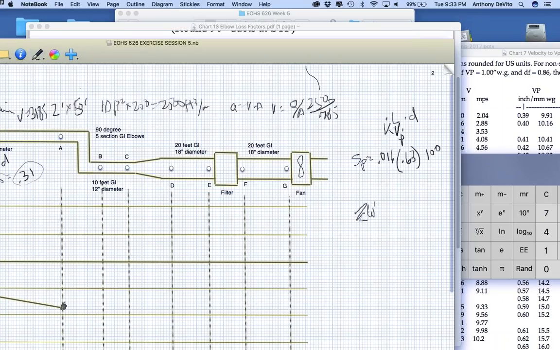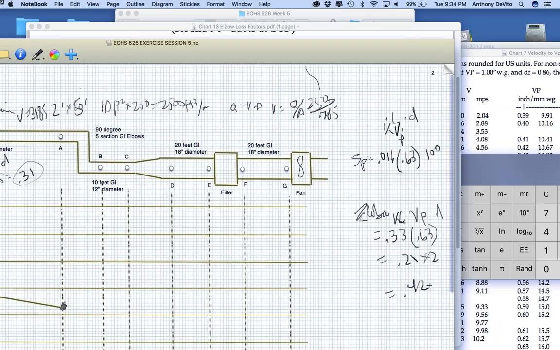My elbow loss is going to be equal to K times the velocity pressure times the density factor. 0.33 times, what was this again? 0.63. Okay, what's that going to be equal to? 0.33 times 0.63 is roughly about 0.21, right? Times 2. There are 2 elbows, so we're going to multiply that, so it's going to be 0.42.